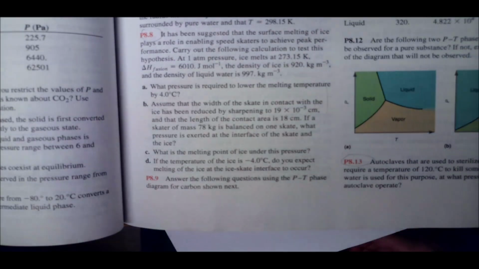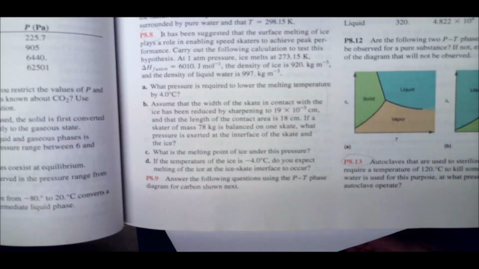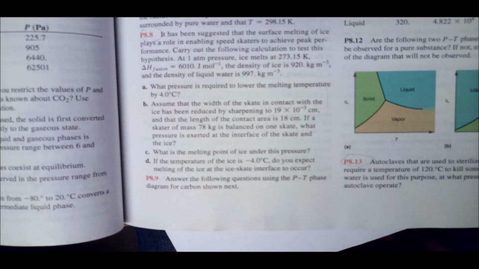If the skater has a mass of 78 kilograms balanced on one skate, what pressure is exerted on the interface of the skate and the ice? What is the melting point of ice under this pressure? And then finally, the temperature of the ice is negative 4 degrees. Do you expect melting of ice at the ice skate interface to occur?